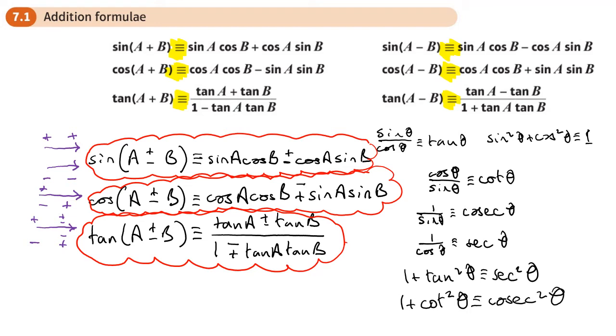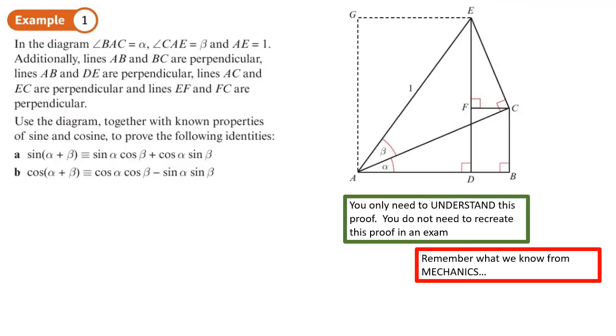So lots of identities. We could be asked to use any of those. So 3 more identities which we're going to use. This one here is asking us to prove what I call these addition formulae. Now, you don't need to reproduce this in the exam.